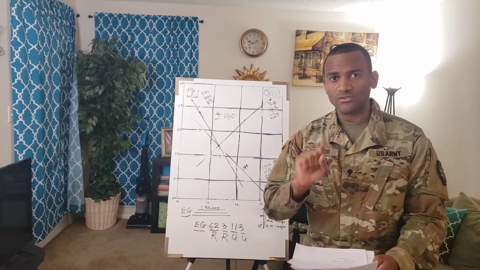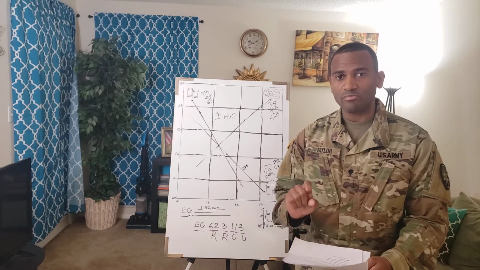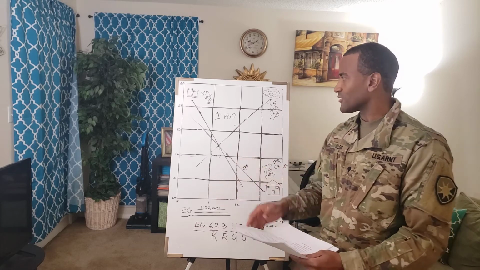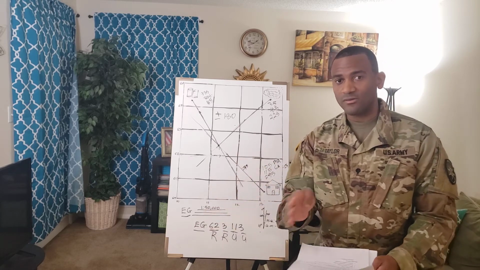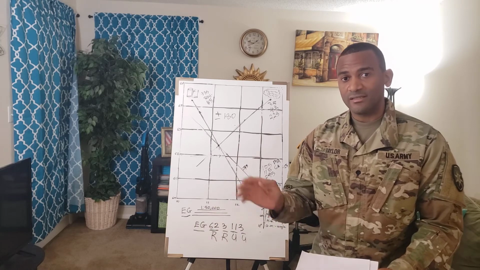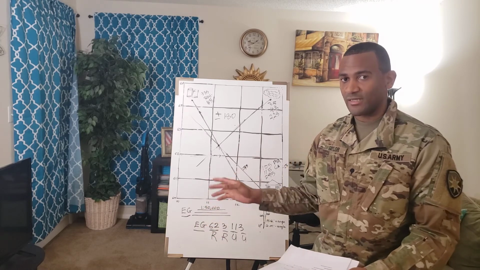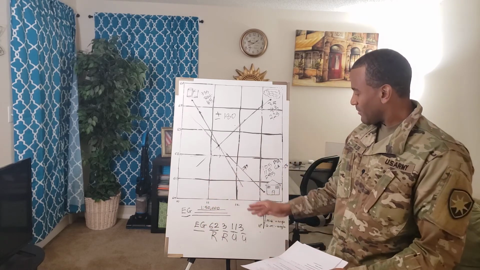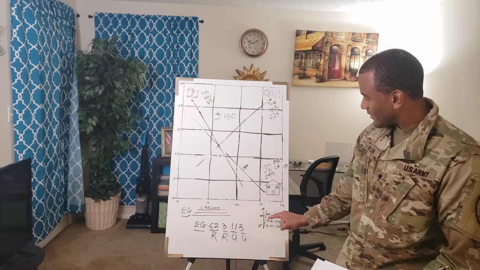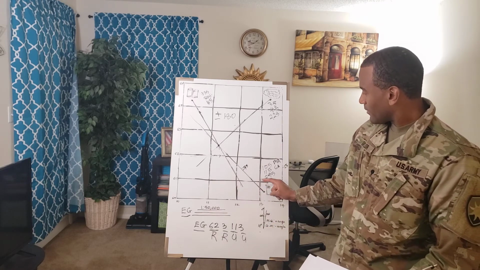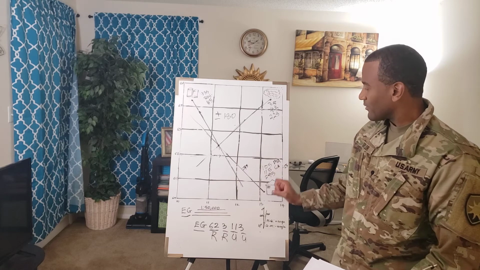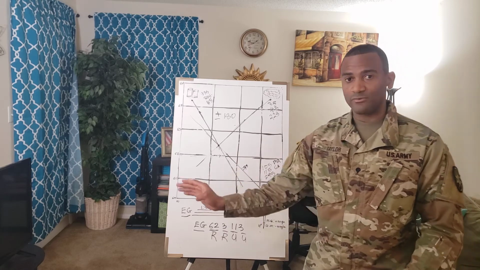All but one student has performed the task to standard. I will provide that student with all the critical information that they need to perform the task to standard. They made a mistake, and instead of adding to get the grid azimuth, they subtracted.